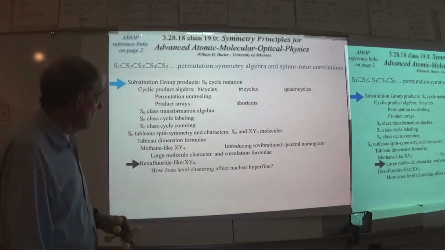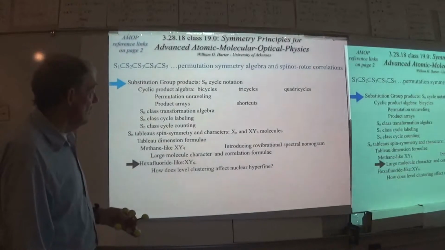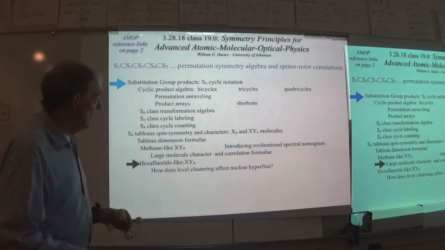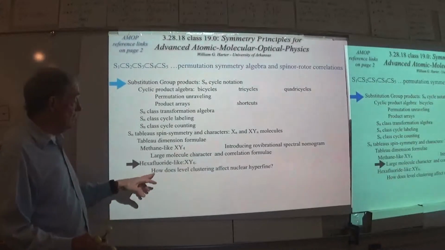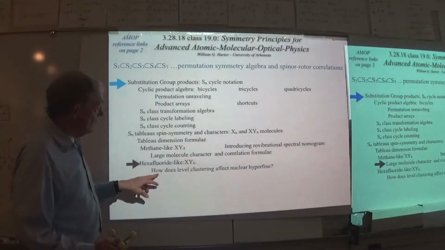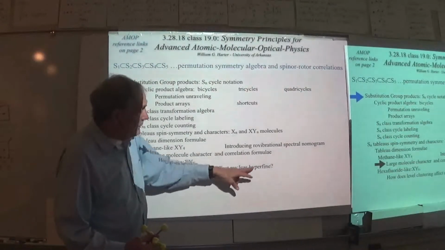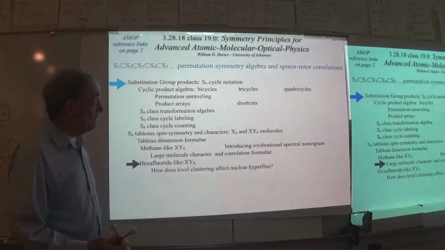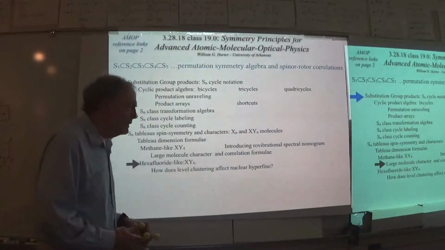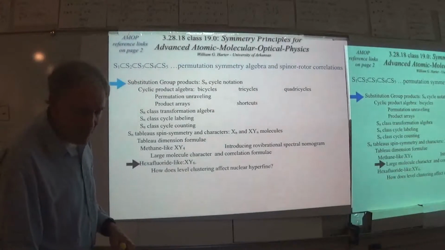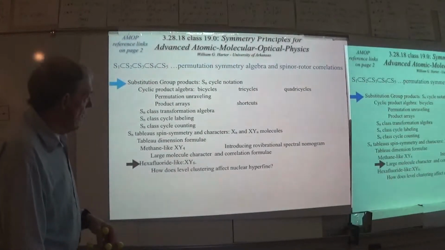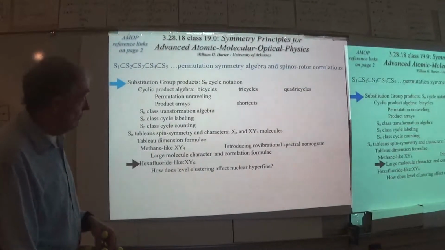So let's just finish here with a question that we really want to get to, and that is, how does level clustering affect that hyperfine stuff, which might be much more limited in its ability to do things to the molecule if it weren't for the level clustering?